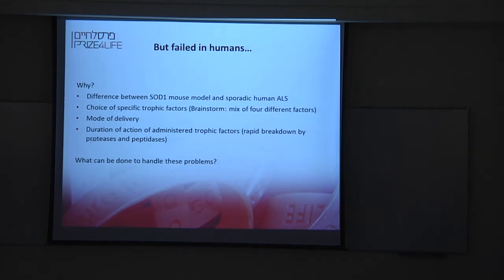It could be that the mode of delivery was very limiting. As I said, delivery to the muscles, not really that great. And it could be that the duration of action just didn't scale up at all. Like the duration of action was too similar to what we see in mice.